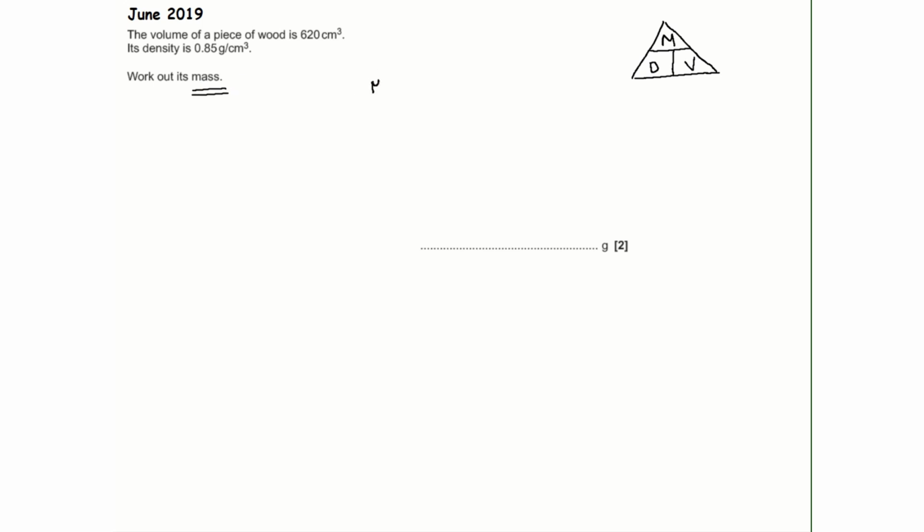So I know to calculate the mass, it is the density times the volume. So these two multiplied together. The density of this piece of wood is 0.85 grams per centimetre cubed, and I'm going to multiply that by 620 centimetres cubed.